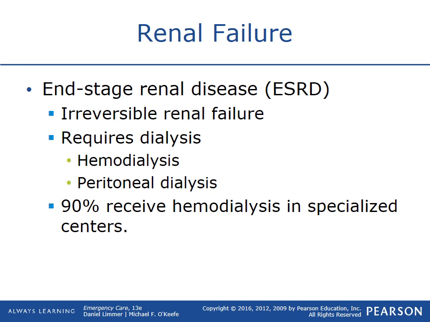And if they miss, then they can become toxic. It changes their pH balance, and they have a lot of garbage, so to speak, waste product building up in their blood, so they can become septic.